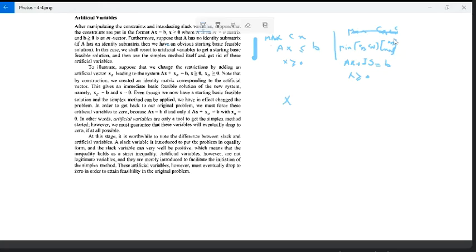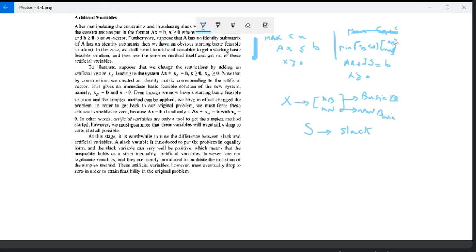x changes to x_B, x_N, basic variable and non-basic variable. S is a slack variable, x_B is the basic variable, and x_N is non-basic.